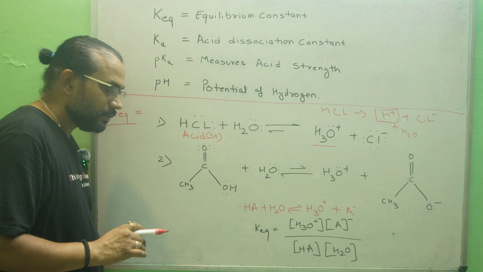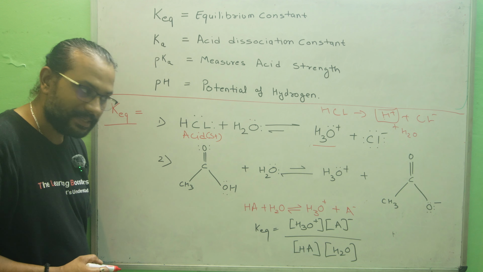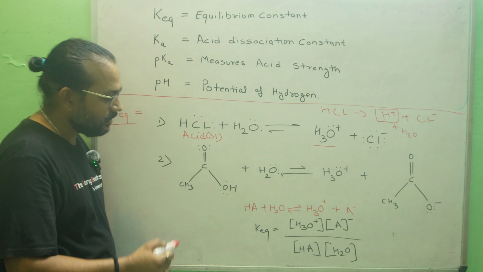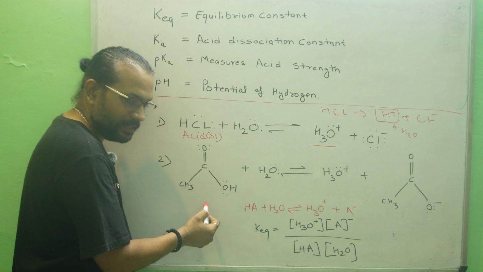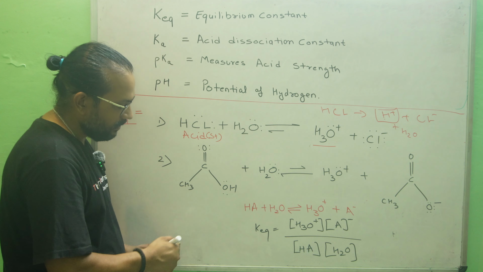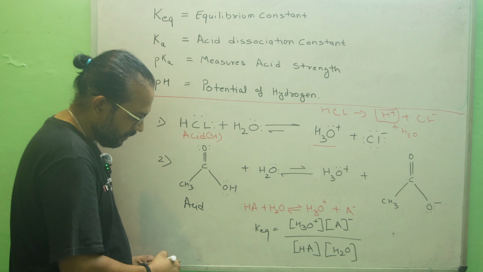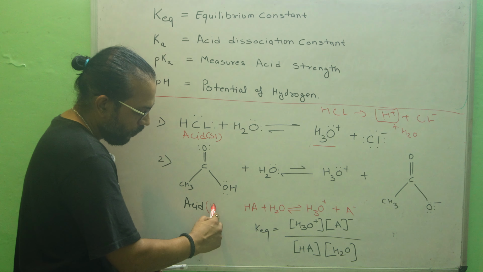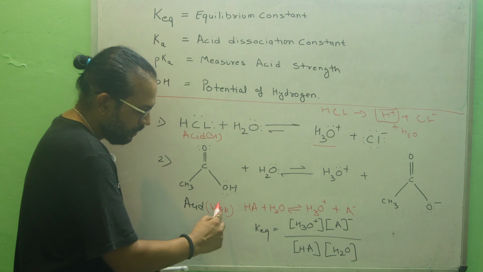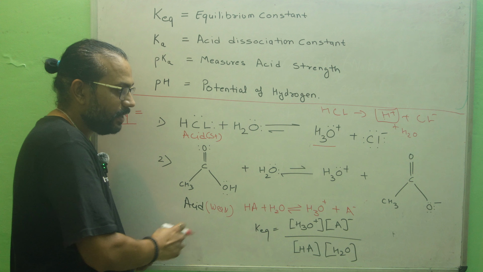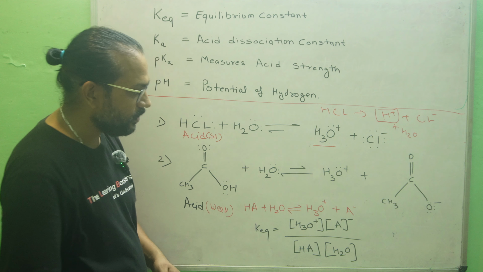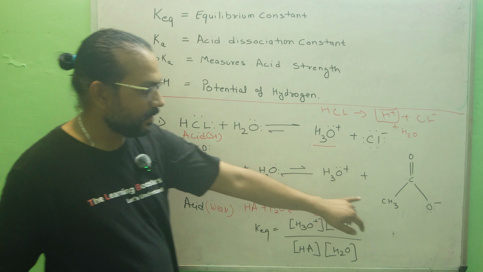Now let us take another example, acetic acid, which is also an acid, but a weak acid. When dissolved in water, it leads to formation of a hydronium ion and the acetate ion.